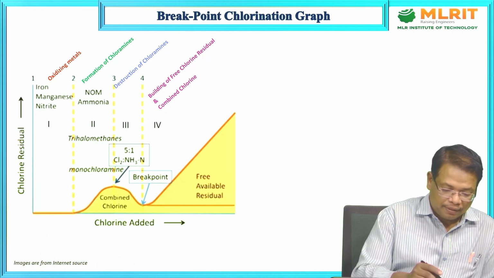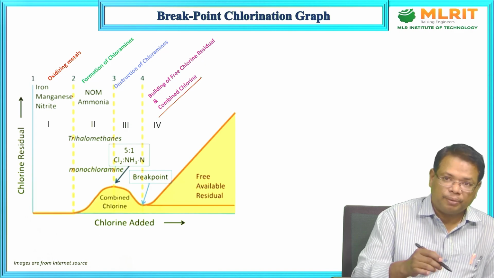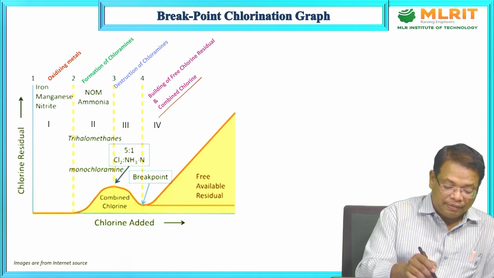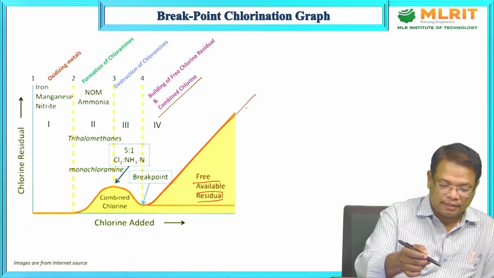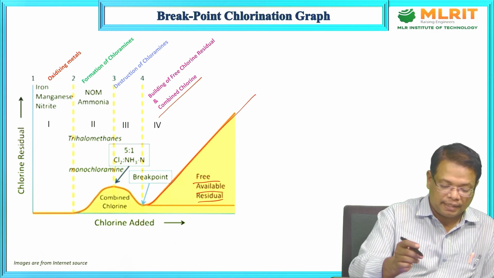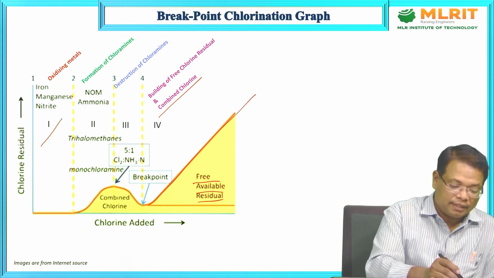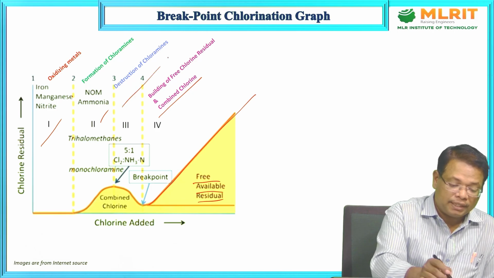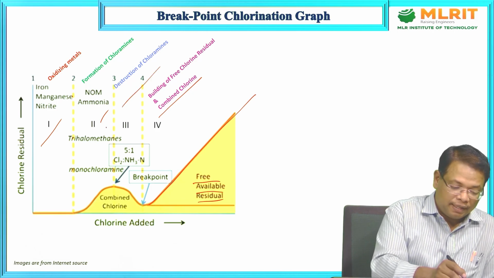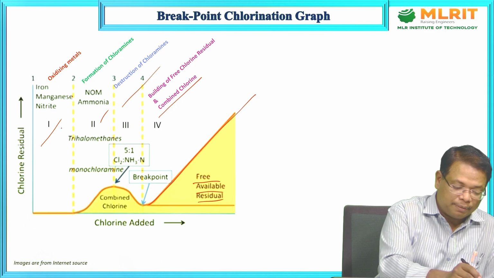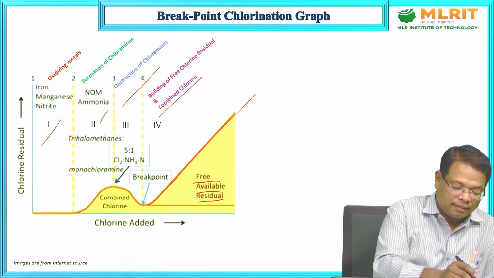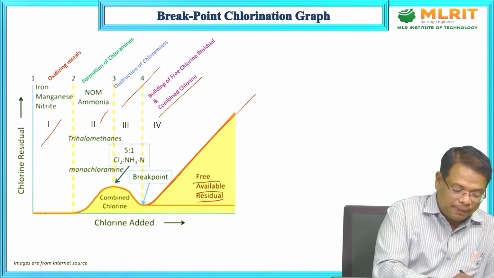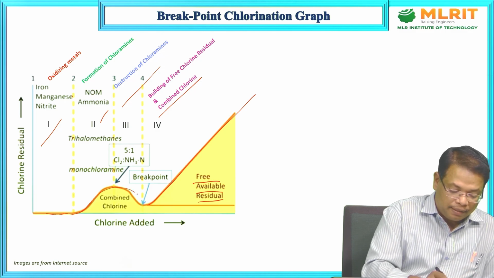Here, addition of the chlorine gives you free available residual with a linear graph, as we discussed in the previous graph. When the inorganic materials, organic materials, and the chloramines are destroyed, and the inorganic materials have come down after reduction of the chlorine, they will be under the bottom line.